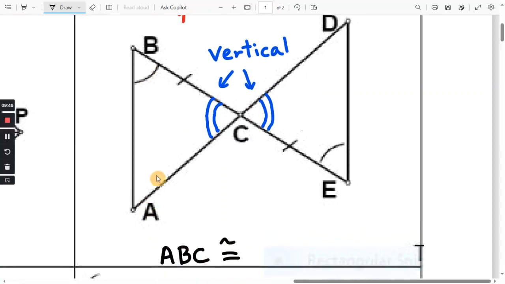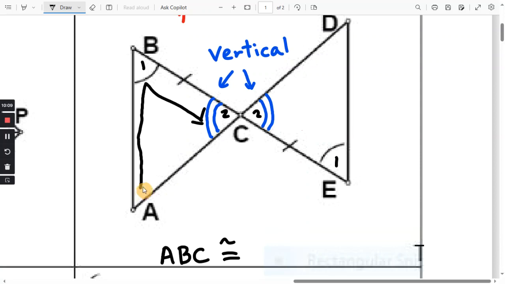Here's ABC. If we start at A, go to B, and then go to C, notice we started at the angle with no mark, then we went to the angle with 1 mark, and then to the angle with 2 marks. So do the same thing over here. This angle has 1 mark. This angle has 2 marks.